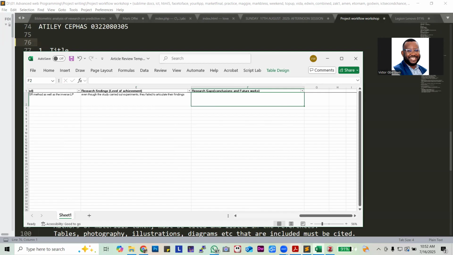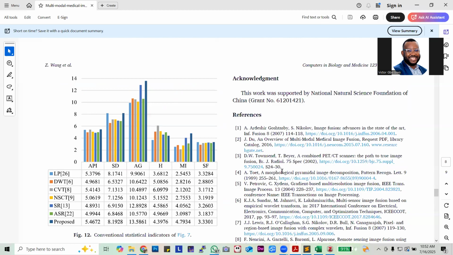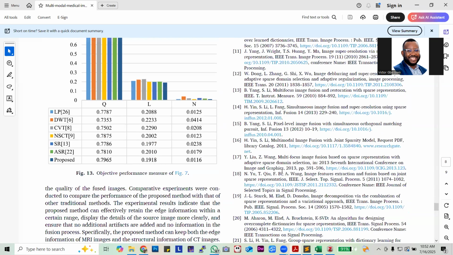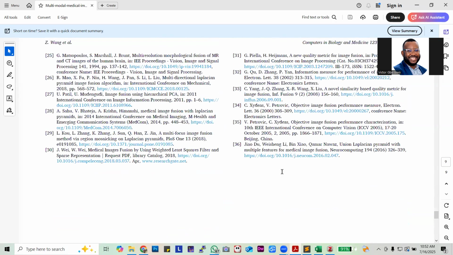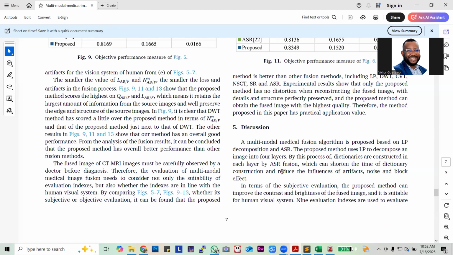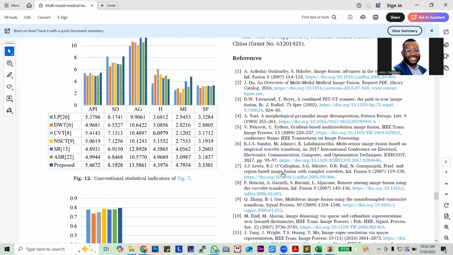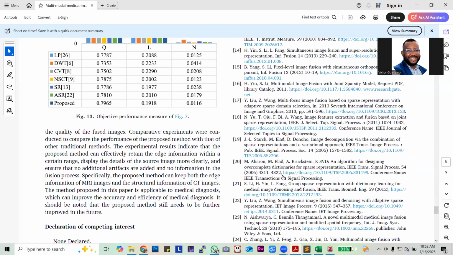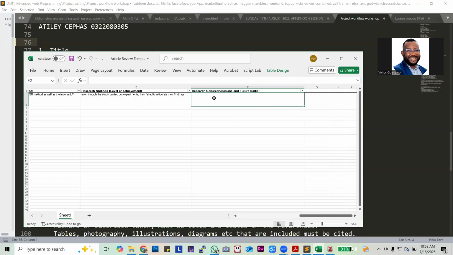So let's go back here. That's all, they've ended. There are no future works, nothing. So usually a work like this should have future works. They never mentioned anything about future works. So you can indicate that that's the gap.